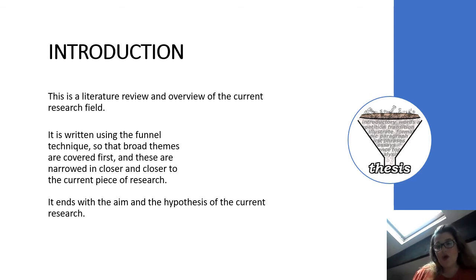Okay, so you might have an interest in a certain field, say phobias for example, and at the start of the introduction you would just have some background research into explanations of phobias. So that could be classical conditioning, and then you might want to look at specific phobias as part of your hypothesis. So arachnophobia, the fear of spiders.